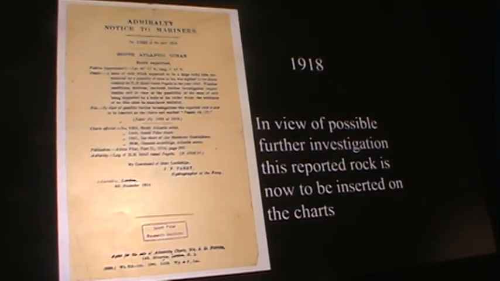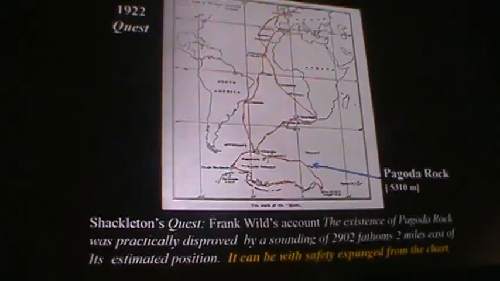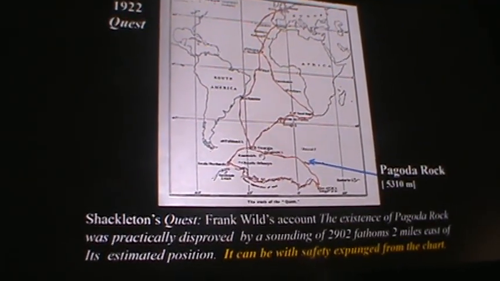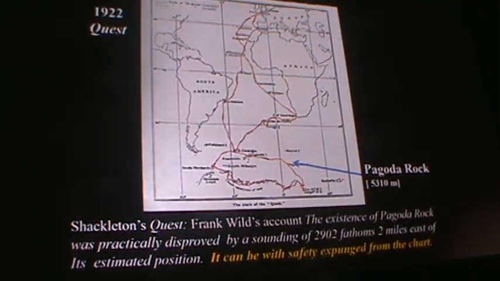The question about it existing: Pagoda reported it, and in 1980, in view of the possible further investigation, this reported rock is to be inserted on the charts. We've had one expunged, we've had another one come on. Subsequent searches, here we have Shackleton's Quest expedition after the death of Shackleton.